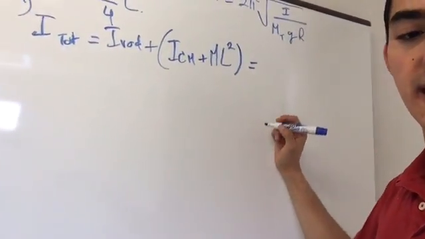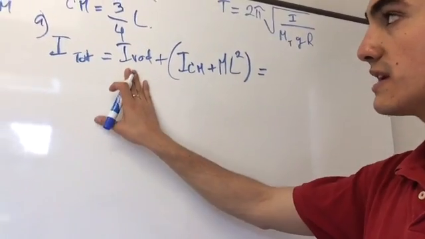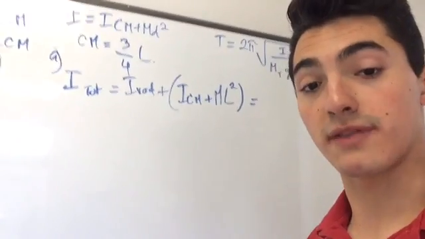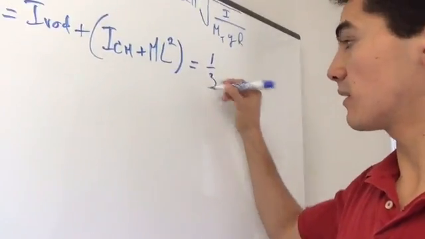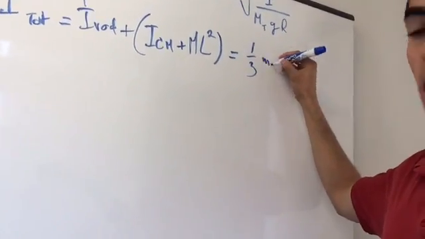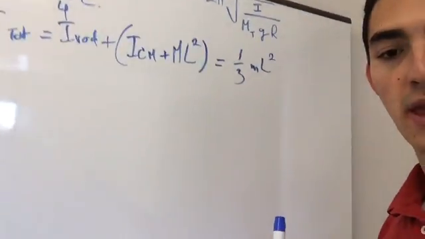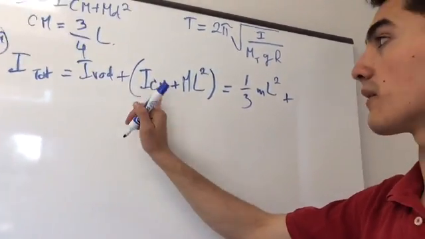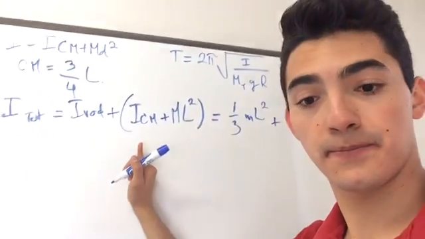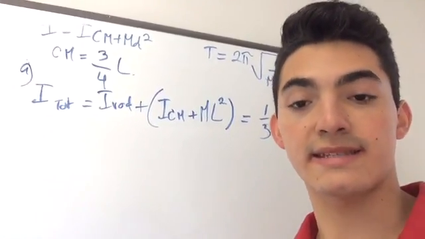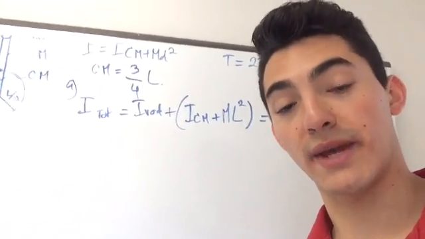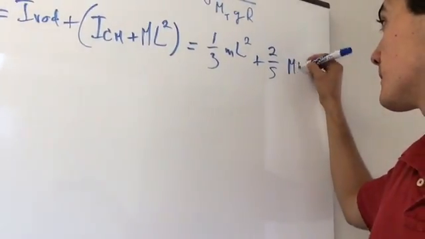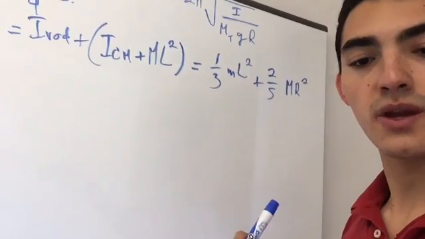The inertia of the rod, as given in the problem, for a rod of length L is equal to 1/3 m L squared. And we have to add the inertia of the sphere, which is also given in the test, that says the rotational inertia for a sphere of radius r is 2/5 m r squared.